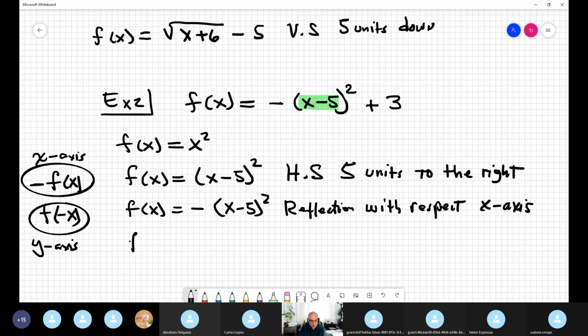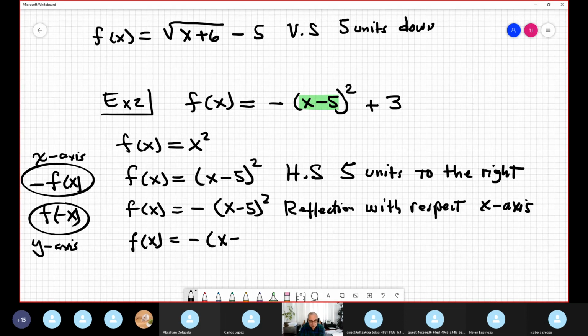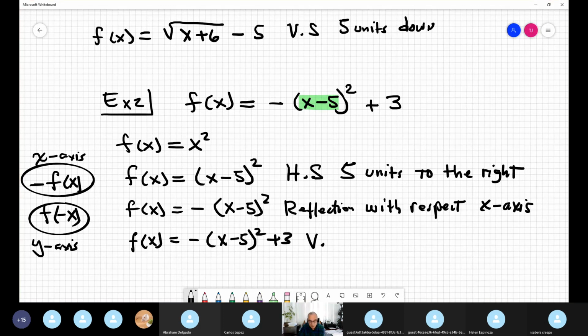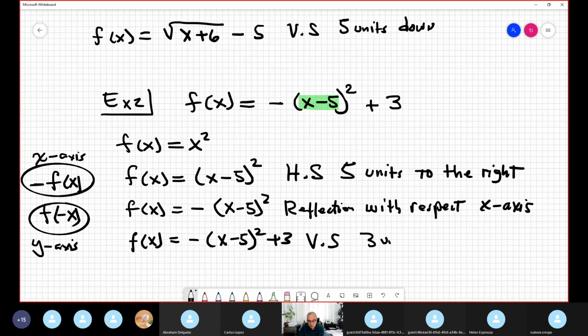And finally f of x equals minus x minus 5 squared plus 3. This is a vertical shift 3 units upward. Make sense or no?